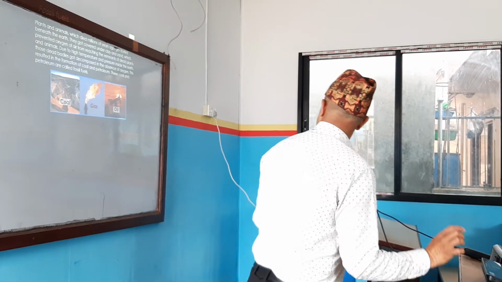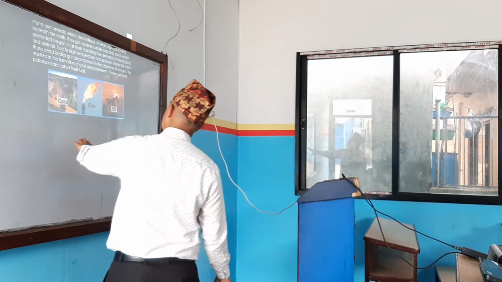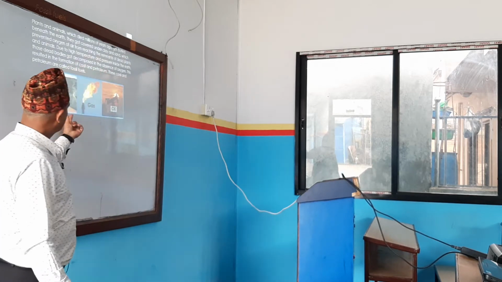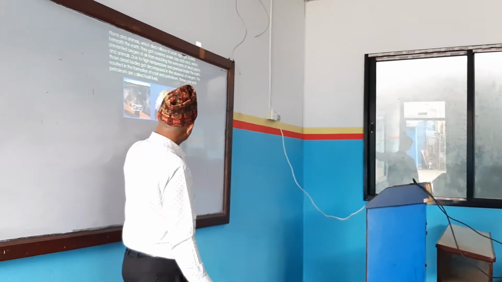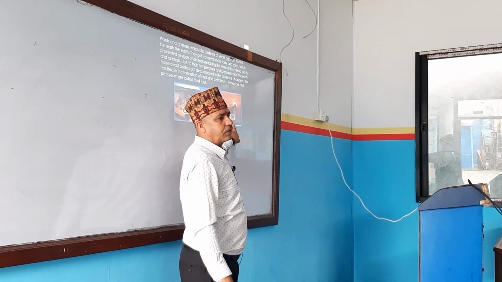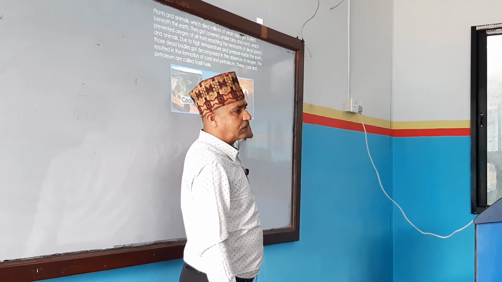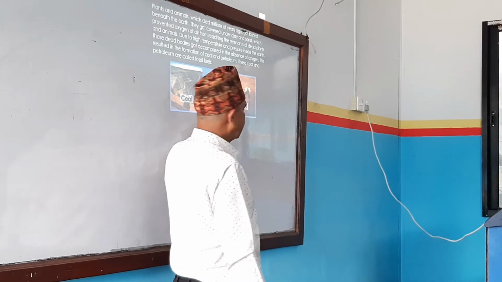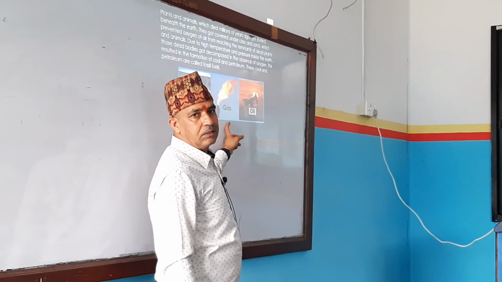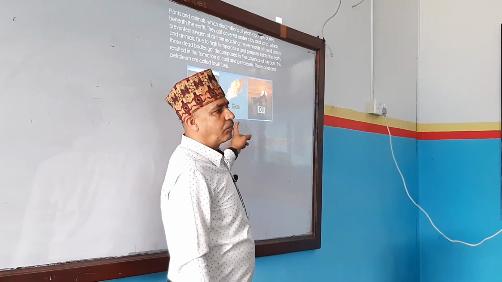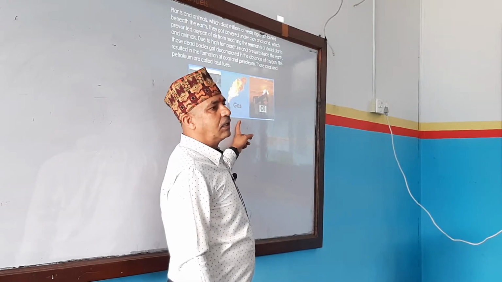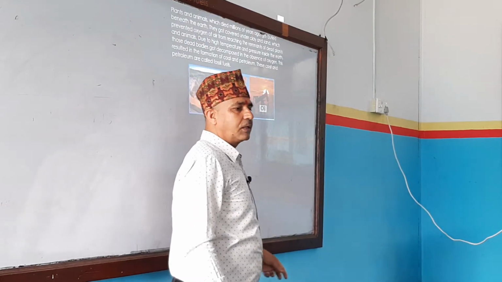Fossil fuel, you can see in the diagram, three things. What is this? Coal, gas, oil. Oil means petrol, diesel, kerosene, mobil oil, and gas, LPG. What is the full form of LPG? Liquefied petroleum gas.